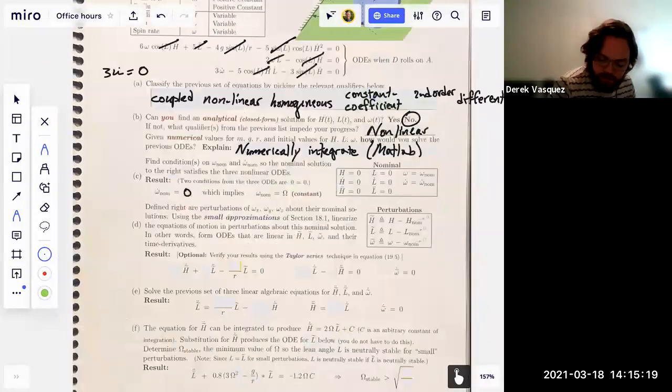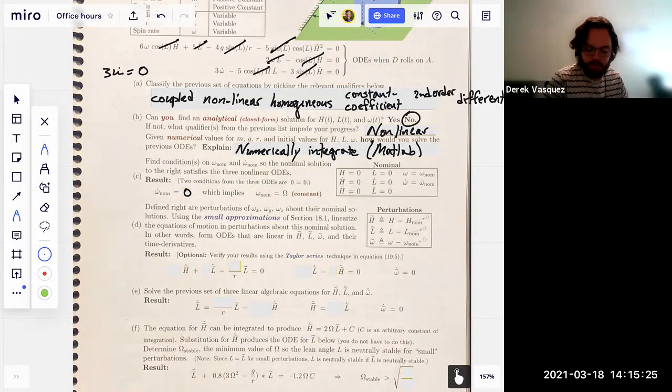Defined to the right are perturbations, omega x, omega y, and omega z, about their nominal solutions, which we have as some constant omega and 0 for omega dot. Using small angle approximations of section 18.1, linearize the equations of motion in perturbations about this nominal solution.